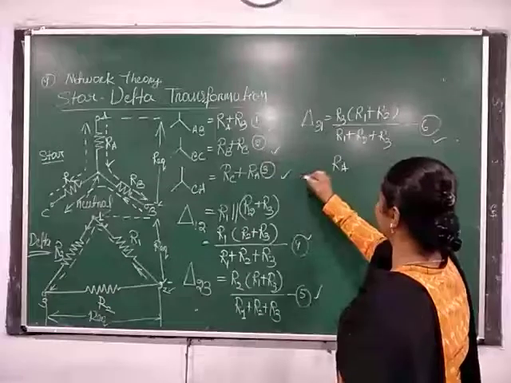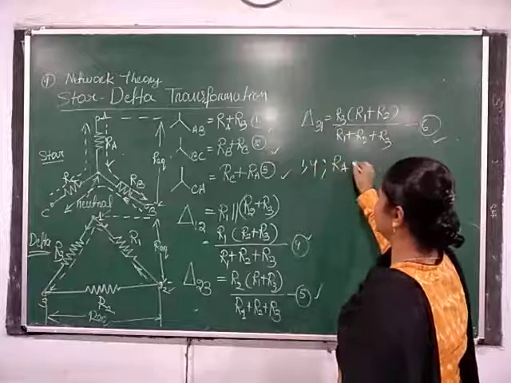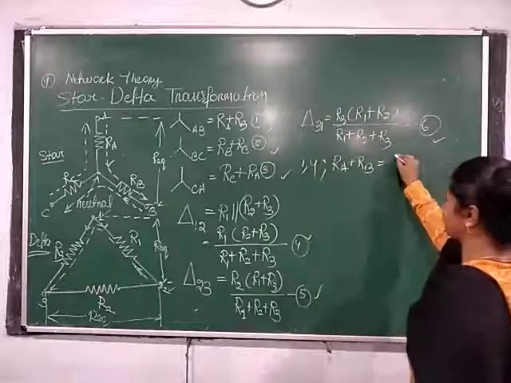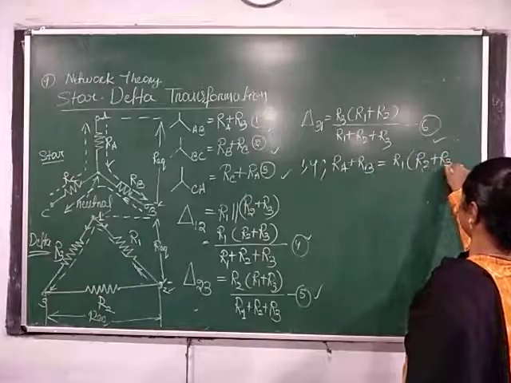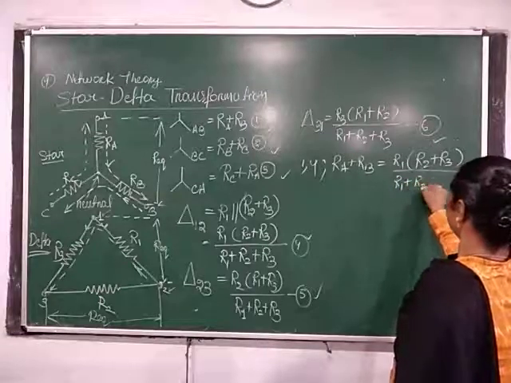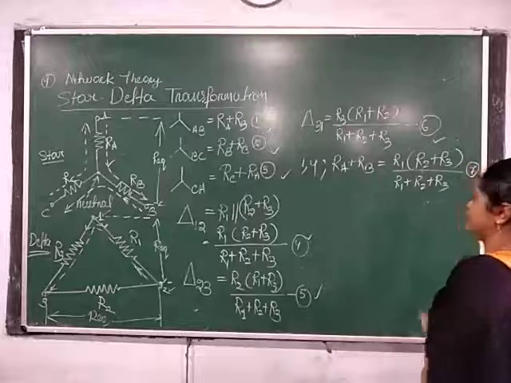From equations 1 and 4, RA plus RB is equal to this. Take it as equation number 7.